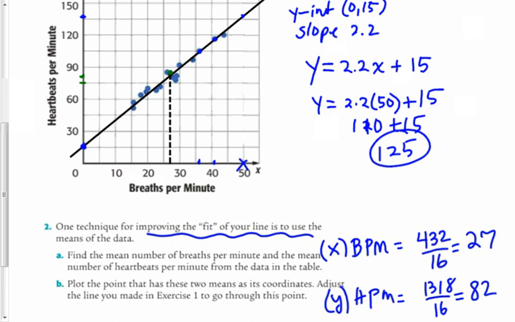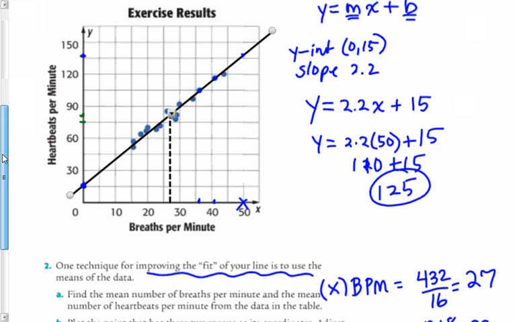Okay, so I want my line to go through that because I know that's the average. And if my line goes through the average, then it's going to be a little bit better predictor of the actual. So I'm going to move that up a little, and I'm going to move this down a little just so I can get about the same above and below.